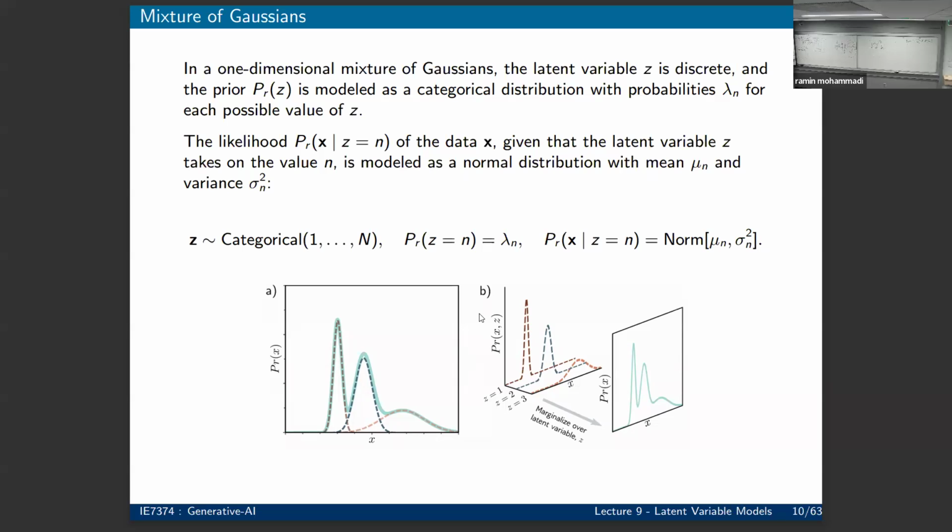Each one of those is technically a Gaussian with this question: what's the probability of X given Z equals Z1, probability of X given Z equals Z2, and so on? So this is probability of X and Z1, probability of X and Z2, probability of X and Z3, and so on.